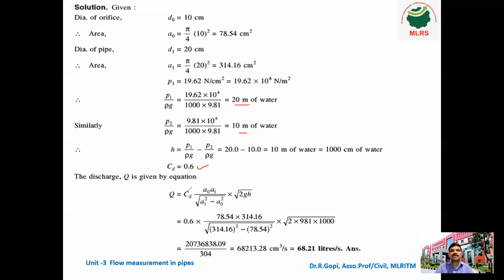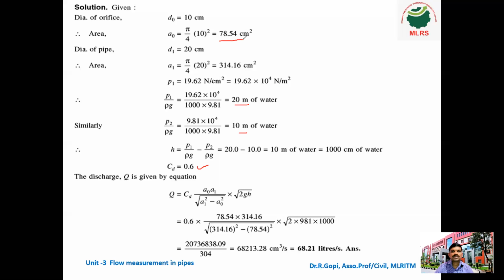So substitute all the values. Q is equal to CD A0 A1 divided by root of A1 square minus A0 square into root 2GH, which is equal to 0.6 into A0 value.